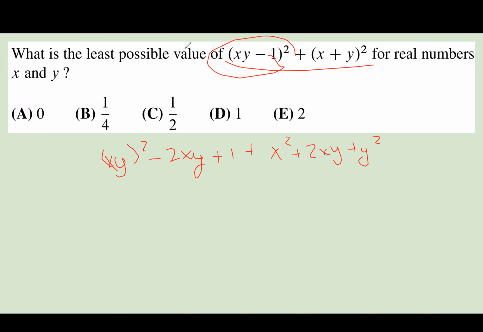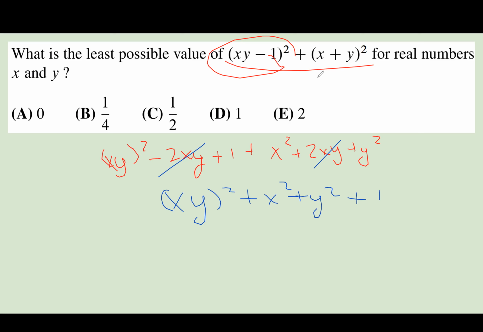We want the smallest possible value for this function for real values of x and y, so no imaginary numbers. Now notice how these will cancel out, so we'll have xy squared plus x squared plus y squared plus 1.